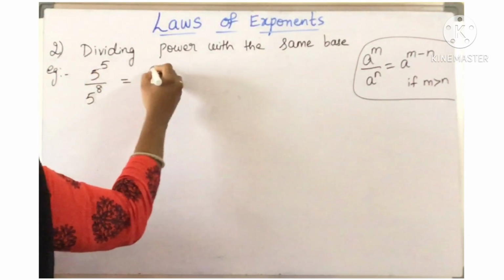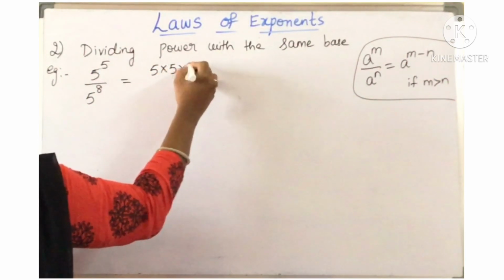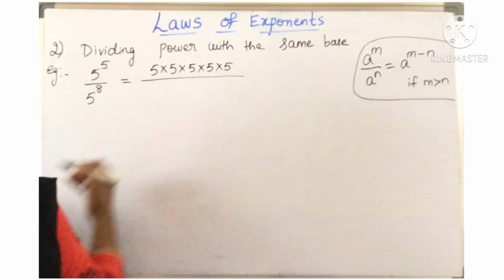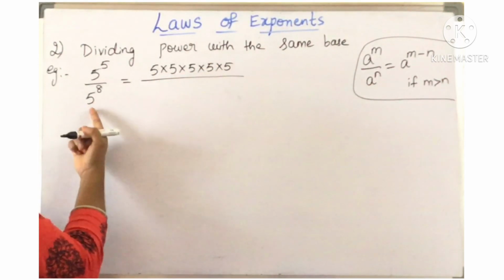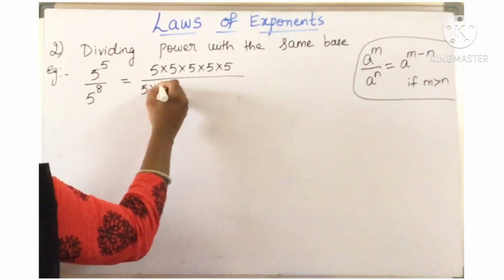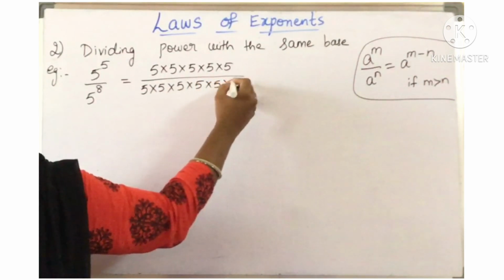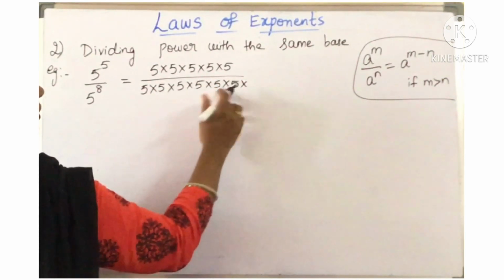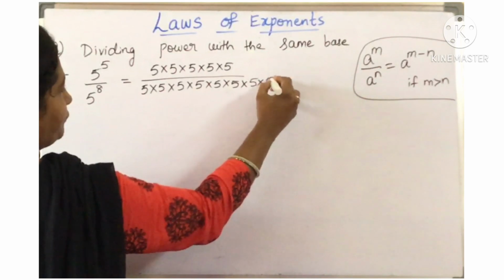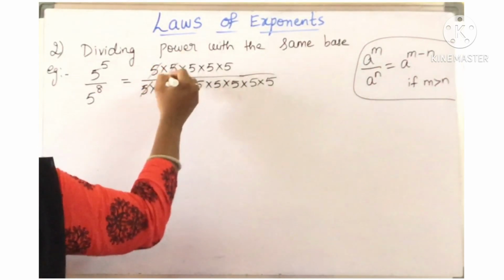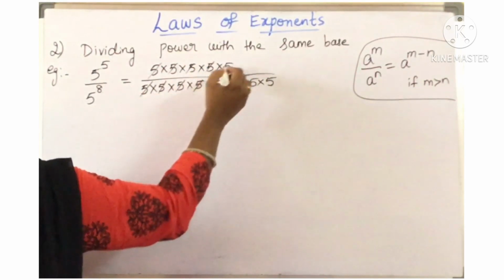Now I will expand this. 5 into 5 into 5 into 5 into 5, because the power is 5, we should multiply 5 times. Next here 8 times. 5 into 5 into 5 into 5, 8 times we should multiply. Okay. Now do cancellation, children. 1, 2, 3, 4, 5.